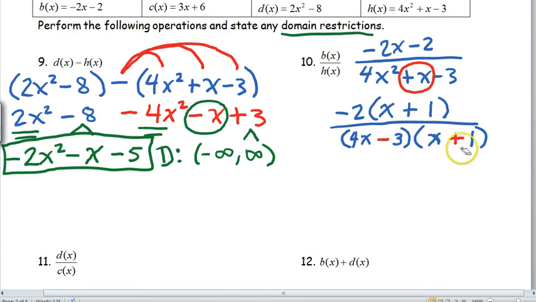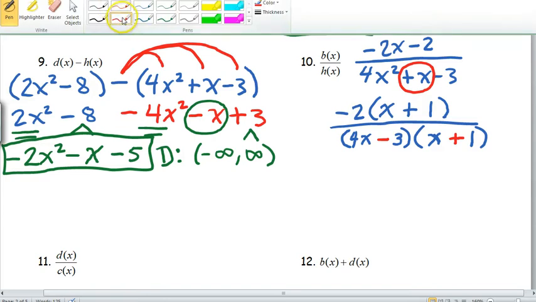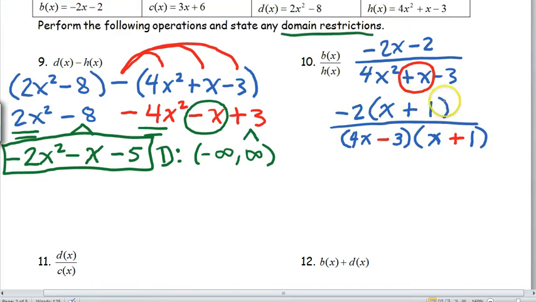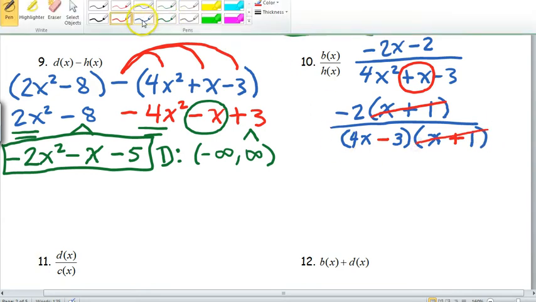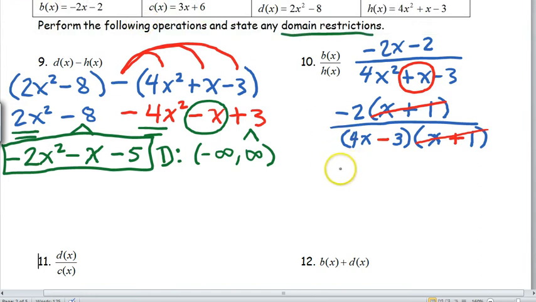So I can cancel those out just fine. So let's do that. So I'm going to cancel out the x plus 1 and this x plus 1. So that's going to leave me with negative 2 over 4x minus 3. So that's the answer.